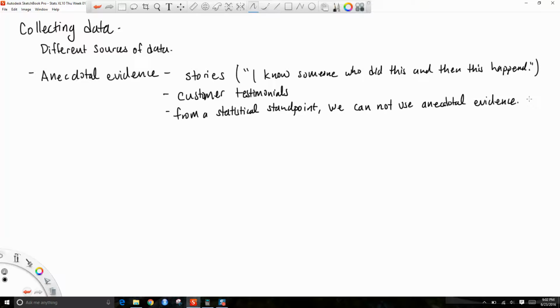There are other sources. We have observational studies, and at least with an observational study, we can start getting at some actual associations.